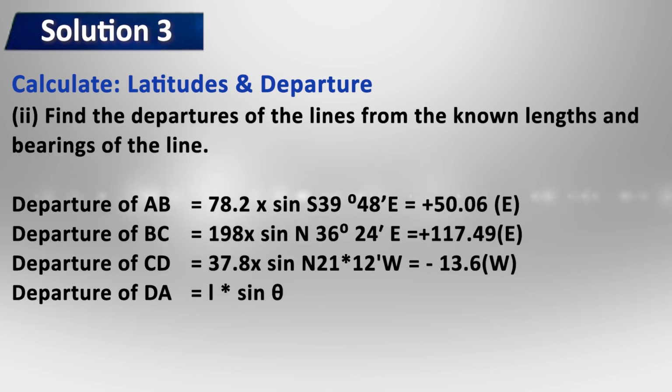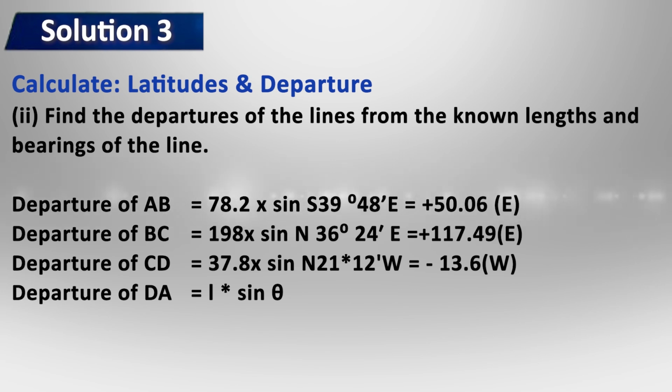Now we will find the departure of the lines from the known lengths and bearings of the lines. Departure of line AB is equal to 78.2 into sine of angle. It is equal to 50.06 towards east. Departure of BC would be 198 into sine of angle 36 degree 24 minutes.